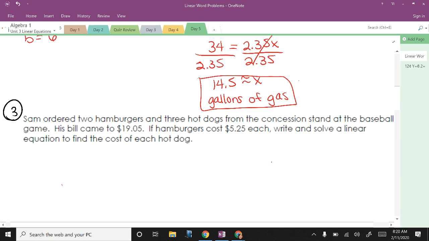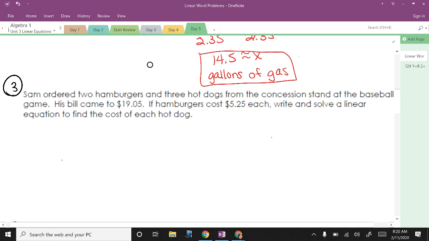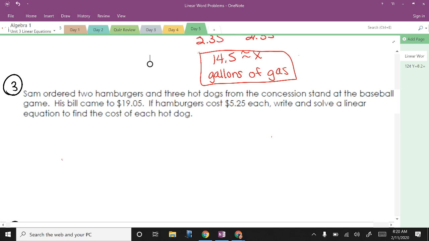All right. Y'all ready for number 3? All right. Sam ordered 2 hamburgers and 3 hot dogs from the concession stand at a baseball game. His bill came to $19.05. If hamburgers cost $5.25 each, write and solve a linear equation to find out the cost of each hot dog. Now, what 2 things is he buying here?